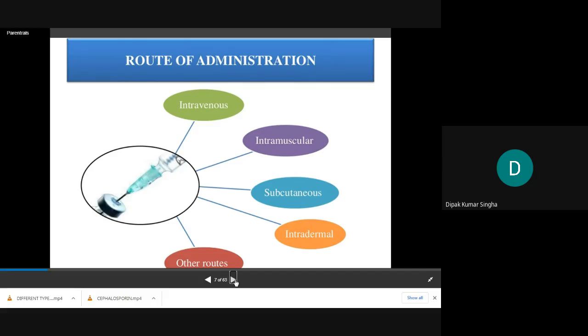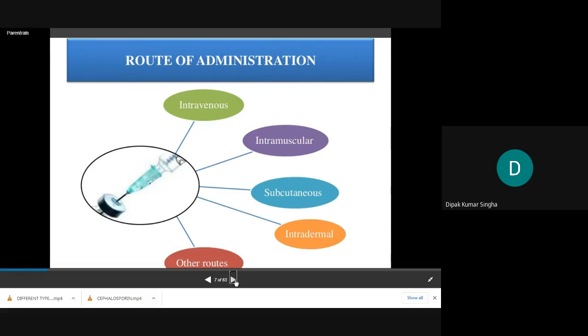In the case of oral, there is the oral route. But in the case of parenteral, there are so many routes. Number one, intravenous: the drug must be introduced into the vein. Intramuscular means into the muscles. Subcutaneous is another route, not in the muscle but above the muscle. And intradermal is just below the dermis or below the skin.